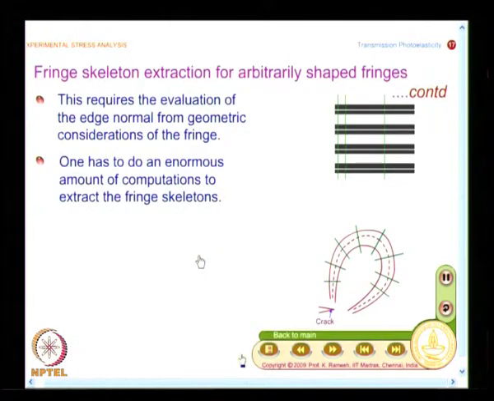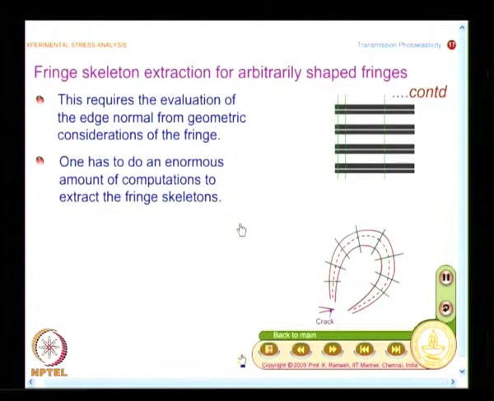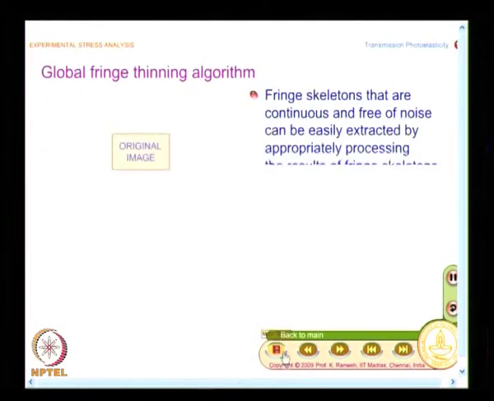The key point is that one has to do an enormous amount of computation to extract the fringe skeletons, because we have to find the edge normal from geometric considerations of the fringe. This is greatly simplified if you adopt a scheme which employs logical operators, which took sufficient time for us to develop and which is very fast, and that is what we will look at.